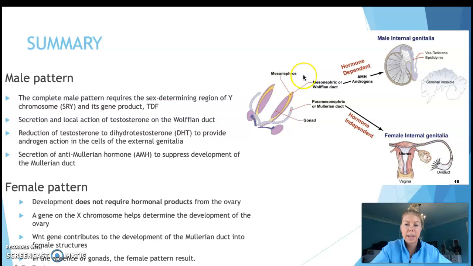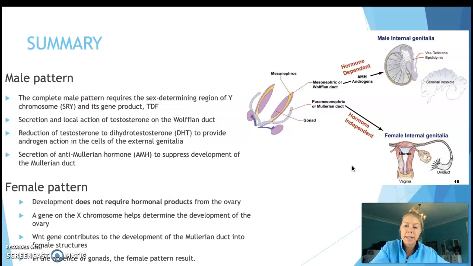As shown in this image, you can see that male pattern development is very hormone dependent, which contrasts with female pattern, which is largely hormone independent. Development does not require hormonal products from the ovary. A gene on the X chromosome helps determine the development of the ovary.